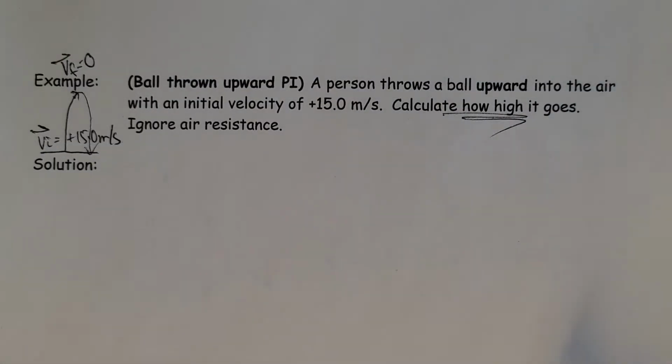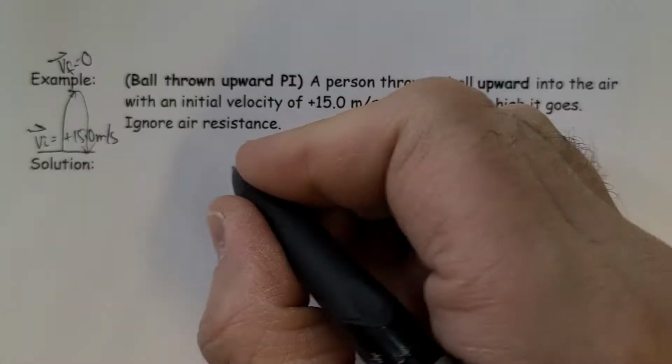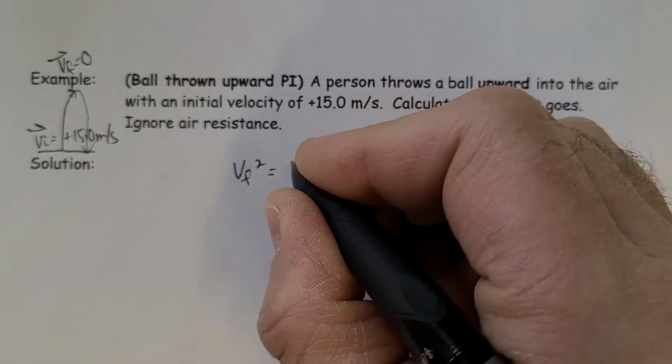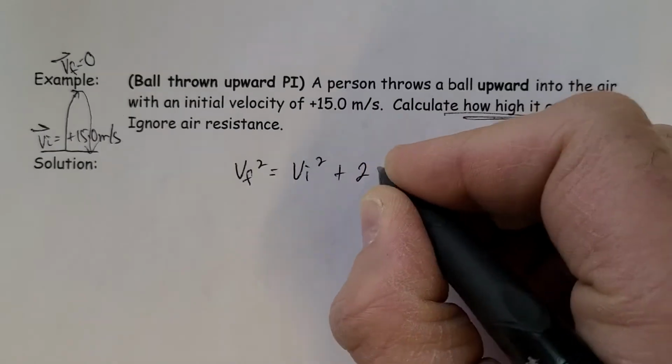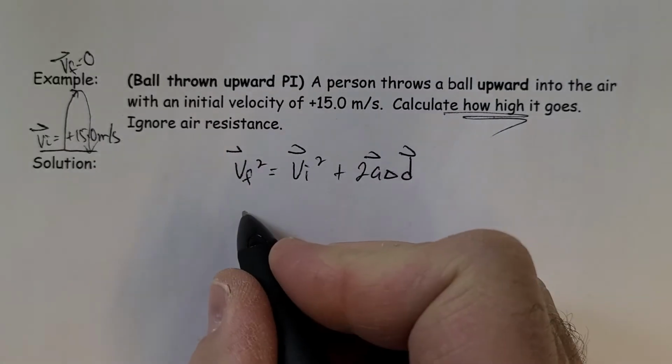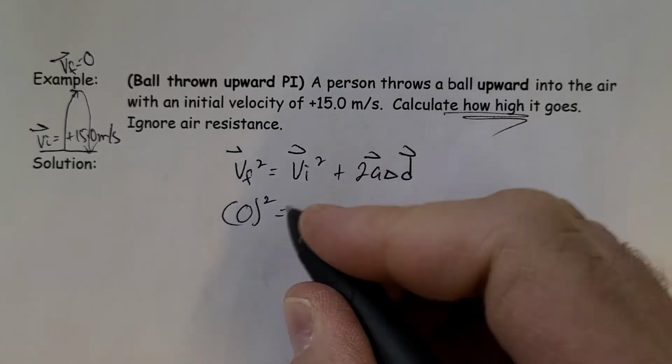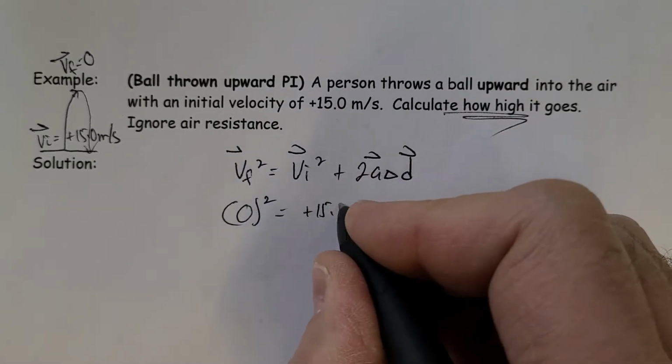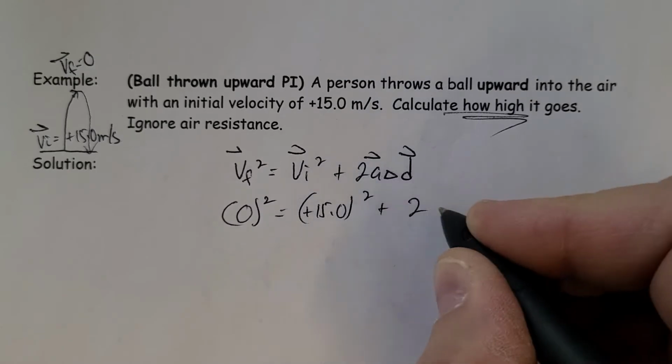We're looking for how high it goes. We're given nothing about time, so that gives us an indication that we should use this relationship. So VF is going to be 0. Initially we released it at plus 15.